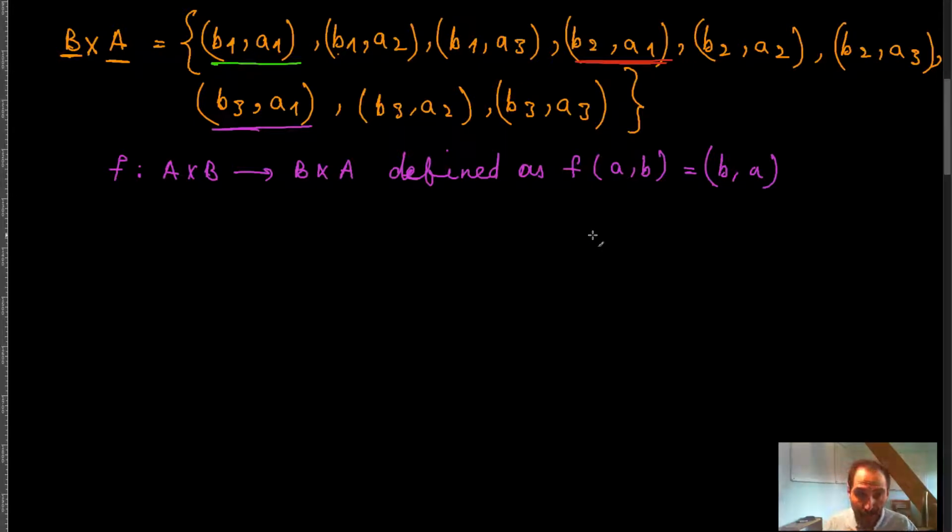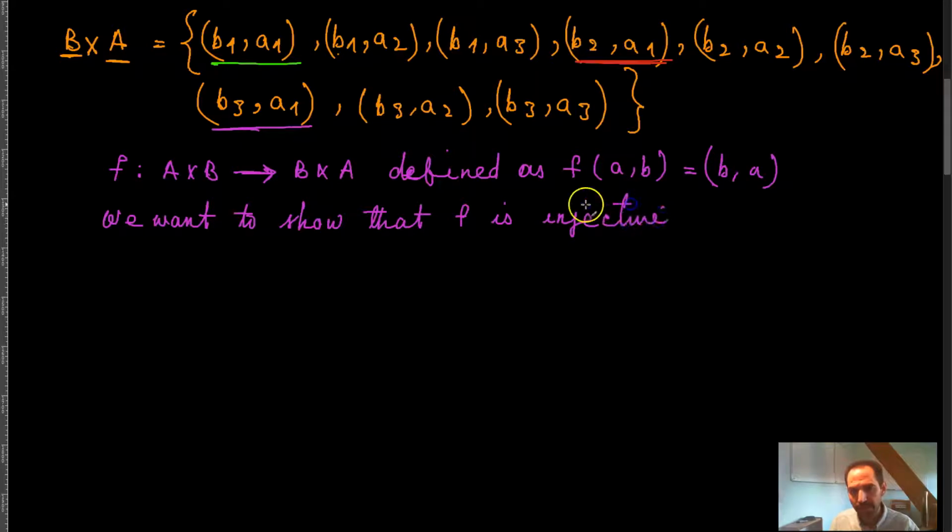Right? So now, based on the definition of this function, since we want to show that f is injective, meaning that we want to show that the statement for every x1 comma x2 belonging to X, f of x1 is equal to f of x2 implies that x1 is equal to x2.